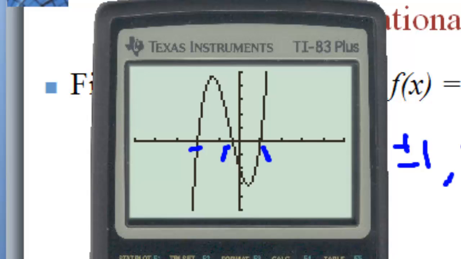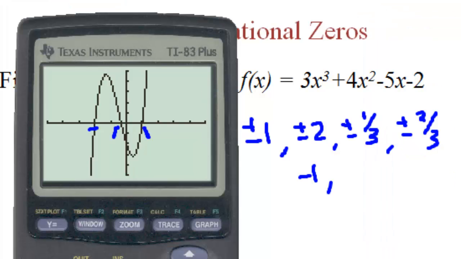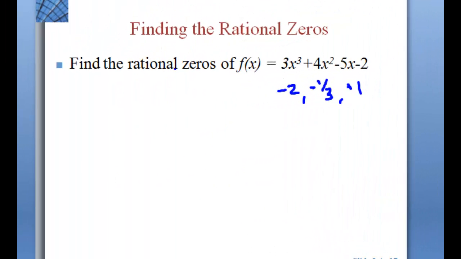So the next thing we need to do is to use synthetic division to factor it and find the zeros. So we're going to be looking at -2, -1/3, and +1. What we want to do is choose any of these for synthetic division.